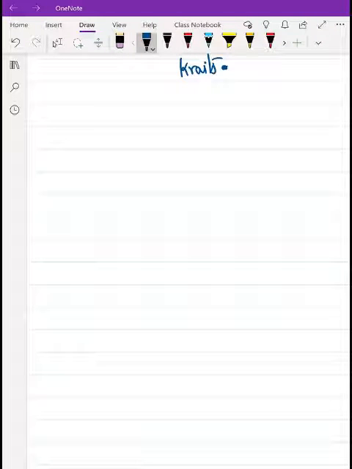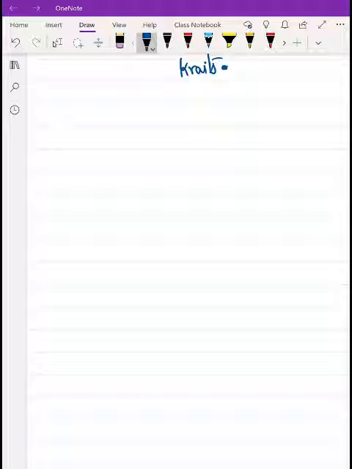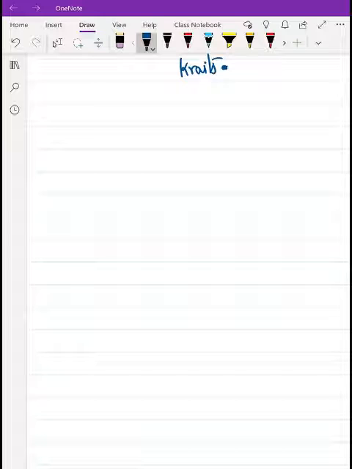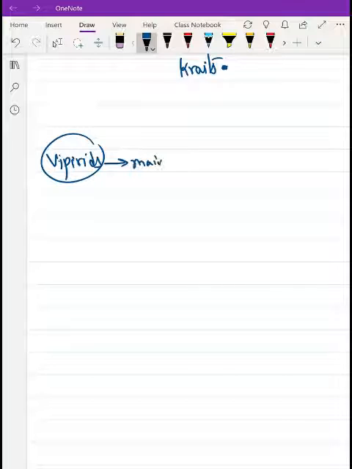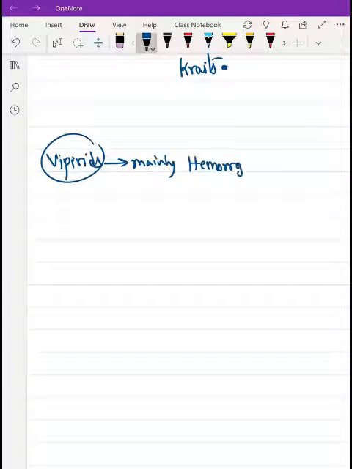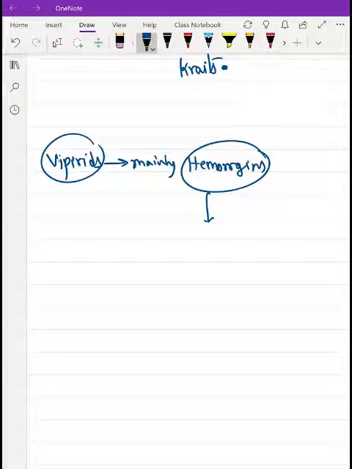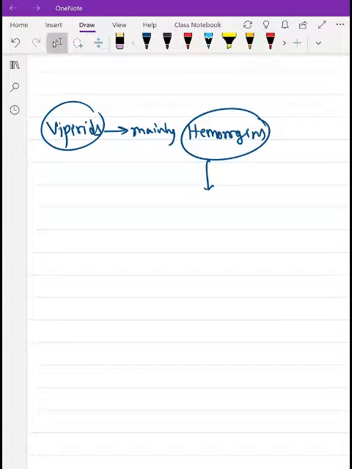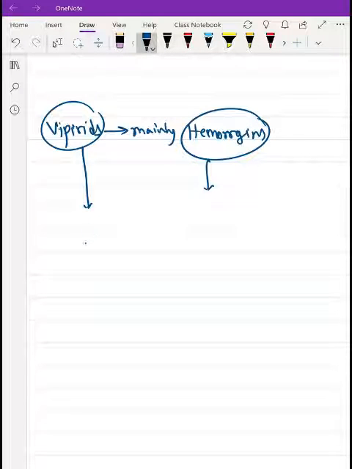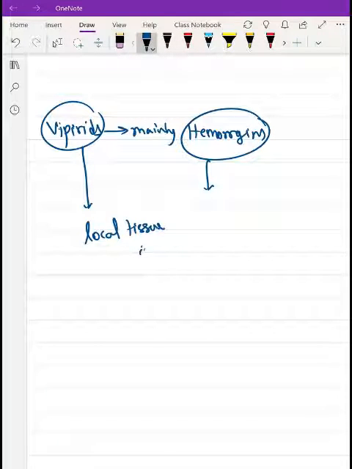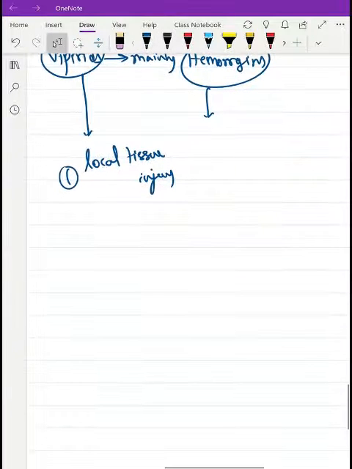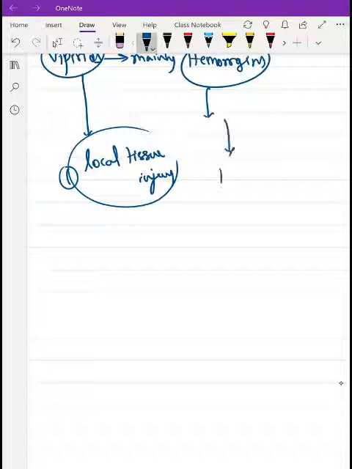Now we'll talk about clinical manifestations of snake bites. Viperids mainly produce hemorrhages. As I said, they cause vasodilation and vascular leakage, and lead to shock and death. The bite caused by viperids also causes local tissue injury, as it causes hemorrhage.